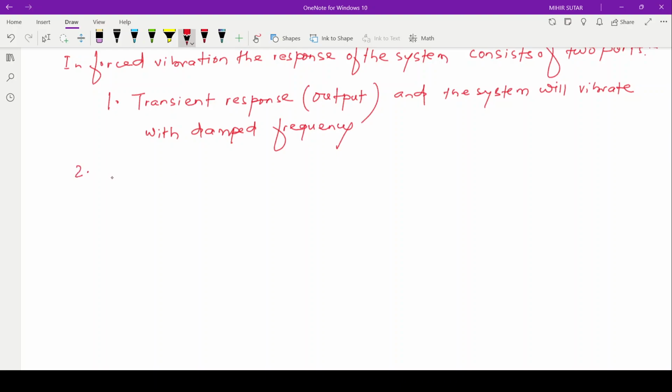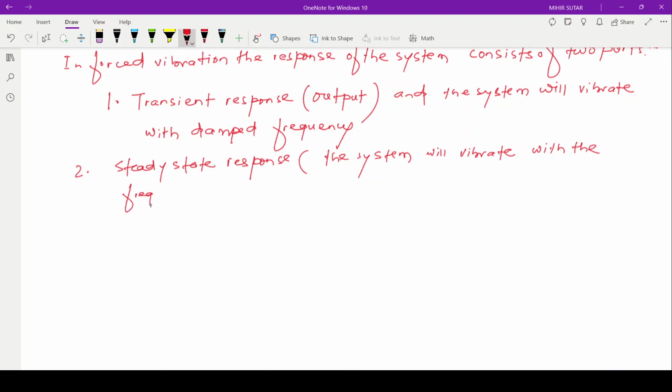The second one is the steady state response, in which the system will vibrate with the frequency of excitation.